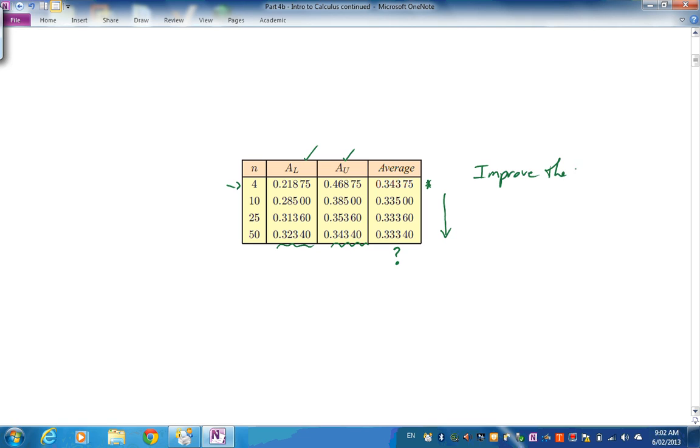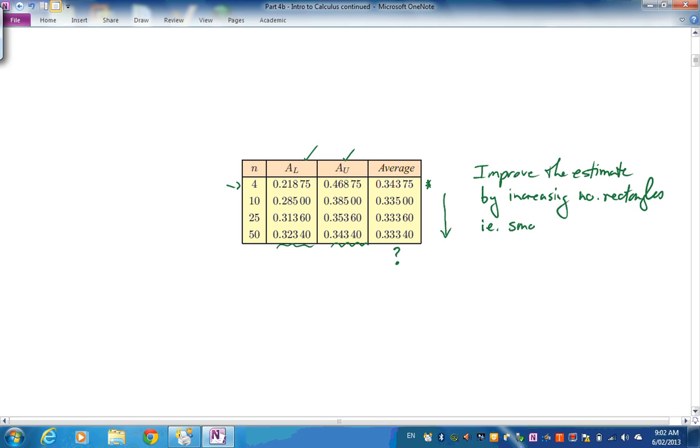The way we're going to do that is by increasing the number of rectangles, or we could say the same thing, that is, smaller rectangle width across the interval. Okay, so keep that in mind. That's very important in this course, to see that that is what's going to happen with our estimate.